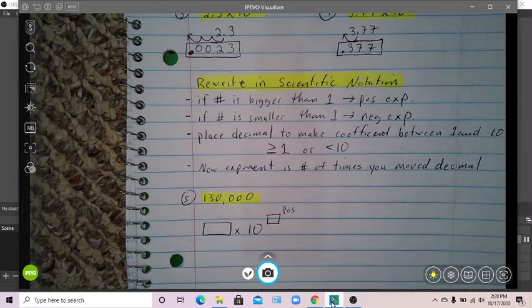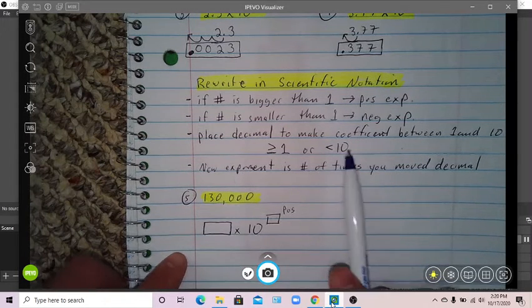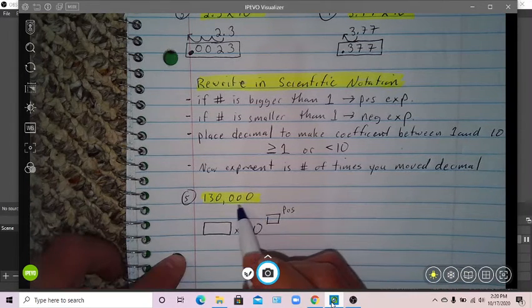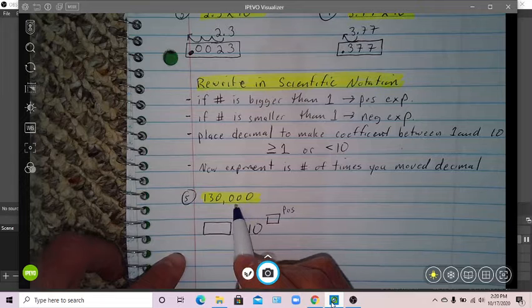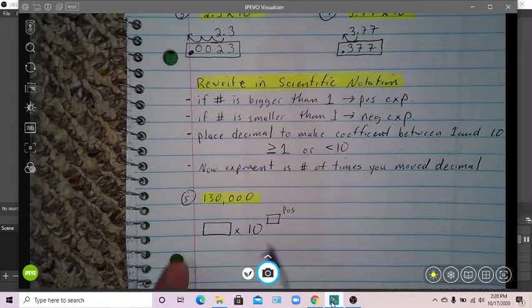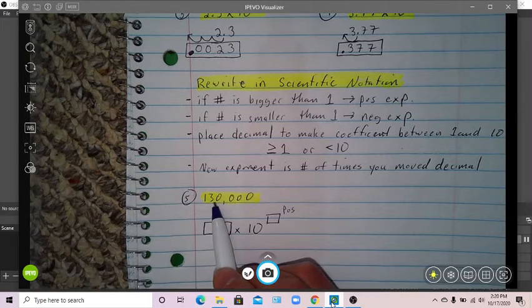Now I want you to place the decimal to make the coefficient between 1 and 10. Where are you going to put it? Between the 3 and the 0, or the 1 and the 3? If I put it between the 3 and the 0, I'll have 13, which is bigger than 10.